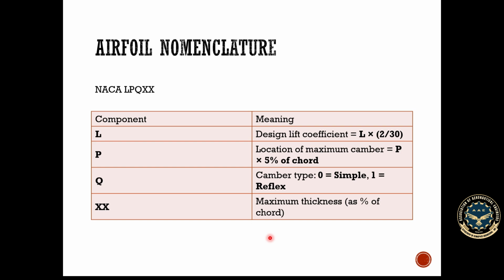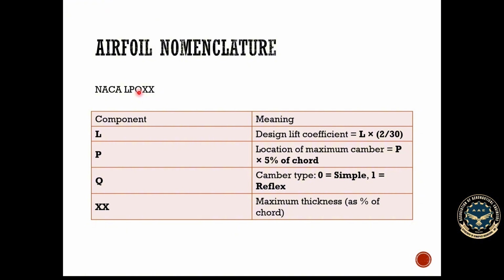And then we have P. You have to multiply P by 5, and that number in percentage of chord gives you the location of maximum camber. And then you have this digit Q.